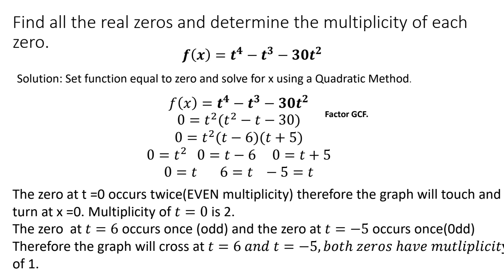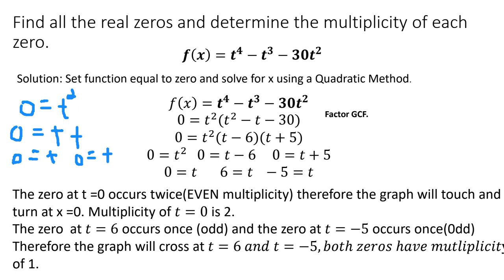But in reality, if you have 0 is equal to t squared, then we can write this as 0 equals t times t. And if we separate it, now we have 0 is equal to t and 0 is equal to t. So you're actually getting two zeros.